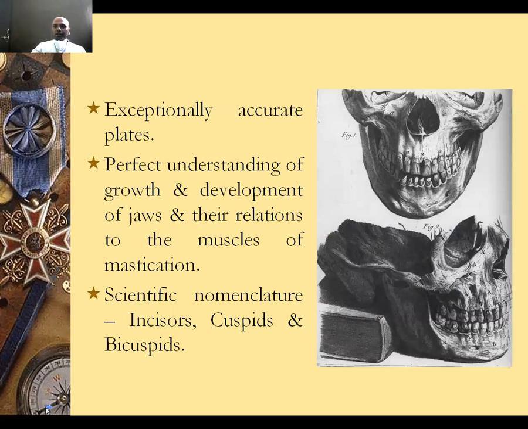Exceptionally accurate plates he has given for tooth corrections, with perfect understanding of growth and development of jaws and their relationship to the muscles of mastication. He has mentioned in his book the scientific nomenclature of incisors, cuspids, and bicuspids.